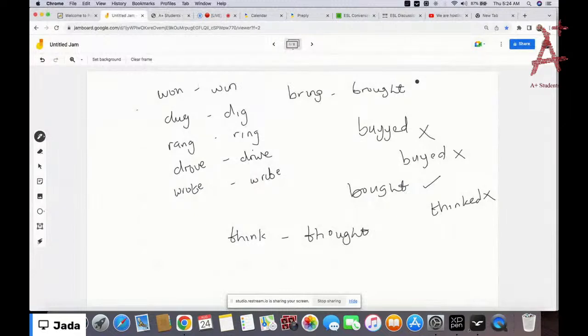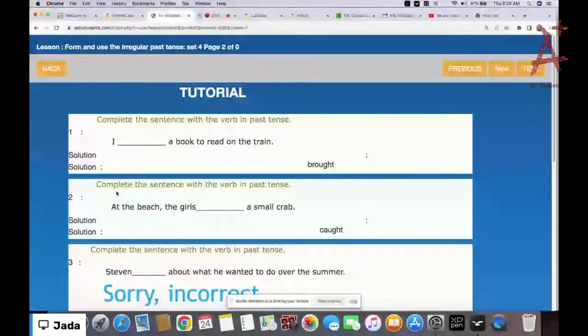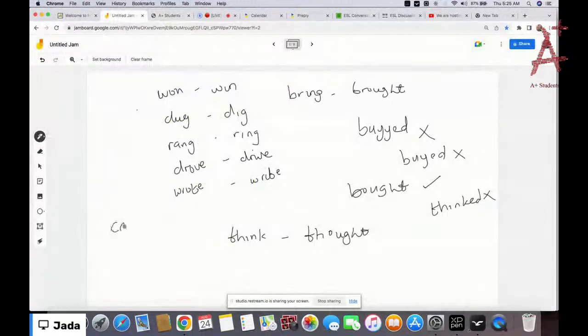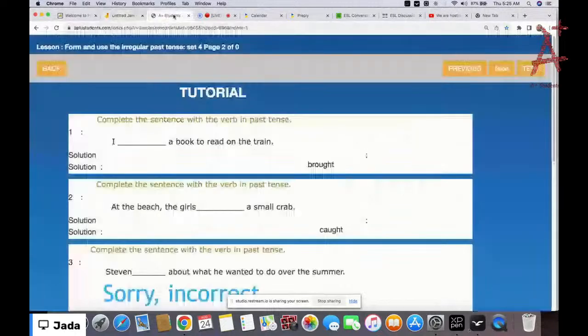So that's it. When you bring something, the past tense is what? Brought. Then at the beach, the girls caught a small crab. So caught is the past tense of what? Catch. Okay? So catch. When you catch something, present. Then when you caught it, past tense. So yeah.